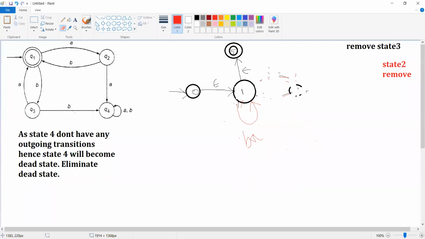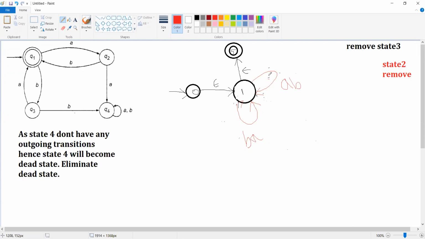So hence, now I am going to remove this entire thing, and this will be AB. Now this is state 1. Now we have two parallel transitions. As we have two parallel transitions, what can we do?